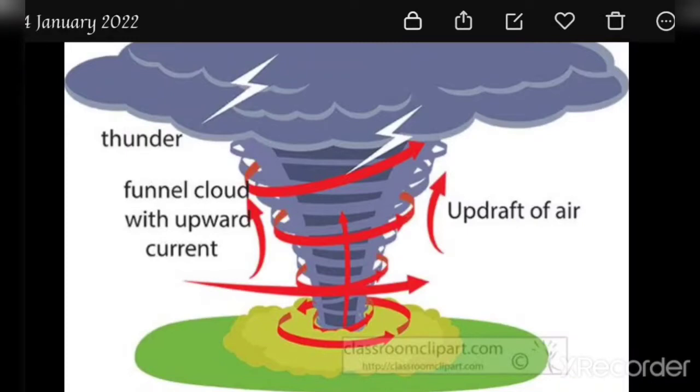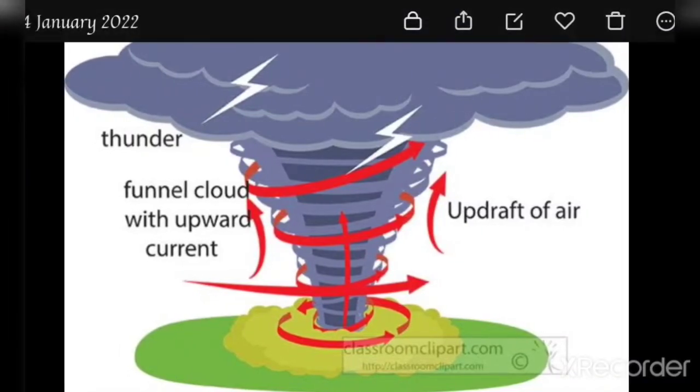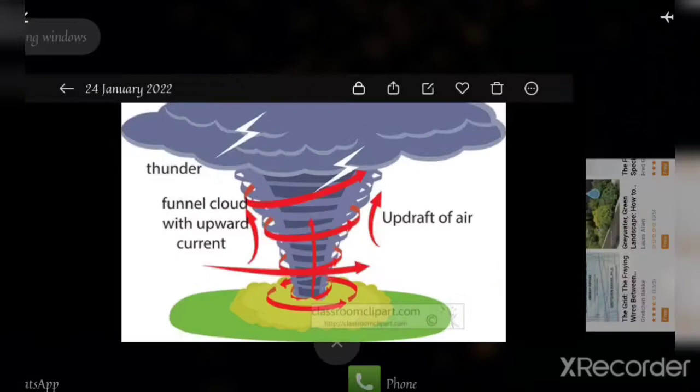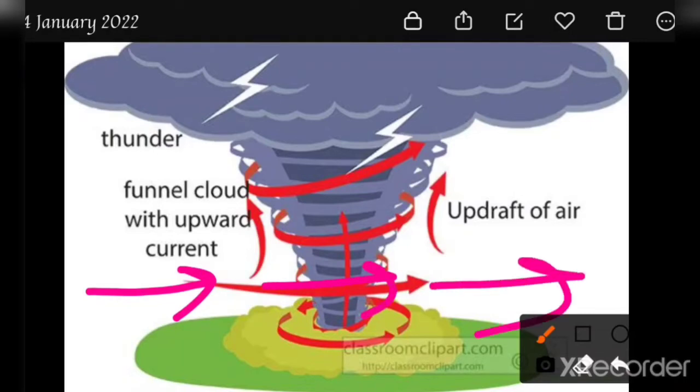So on the ground the air is flowing which is warm as well as slow flowing air, and at high altitude the air is different: fast flowing air, which is cool in nature.